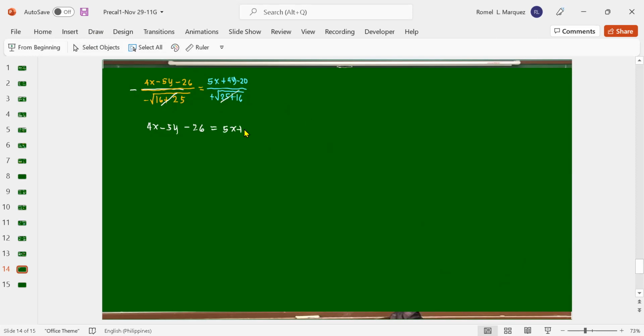Same thing on the right side, we just copy the numerator, getting negative x minus 9y minus 6 equals 0. Okay? Multiplying by negative so that the coefficient for x is positive, we have x plus 9y plus 6 equals 0.